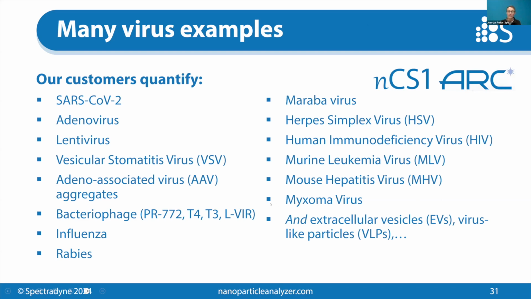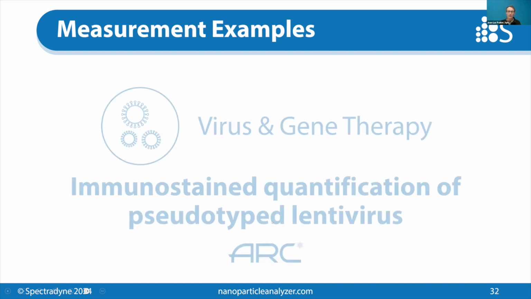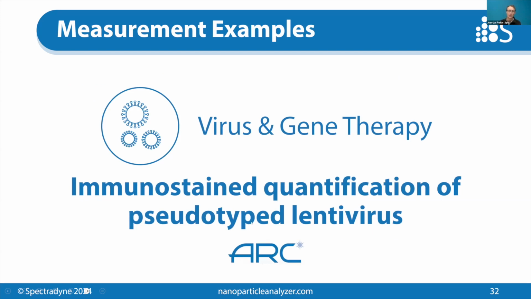So if you don't see your virus on here, feel free to reach out, and we'll love to talk about that. The example I'm going to show you today is immunostaining of a lentivirus sample to look at the number of expressed copies of this fusion protein that is engineered to express on the surface.